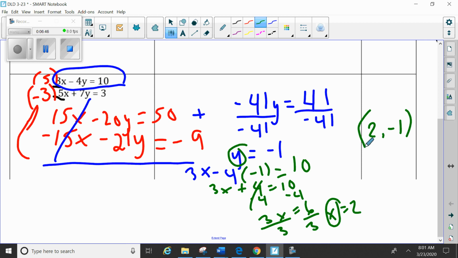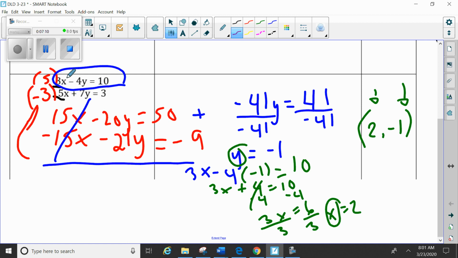Okay, one other thing I want to quickly go over, guys. You can plug in both your x and your y into any of the equations here to see if you get it right. Okay, so this is called your check. So I'm going to take my x value and my y value and plug it into 3x minus 4y is equal to 10.